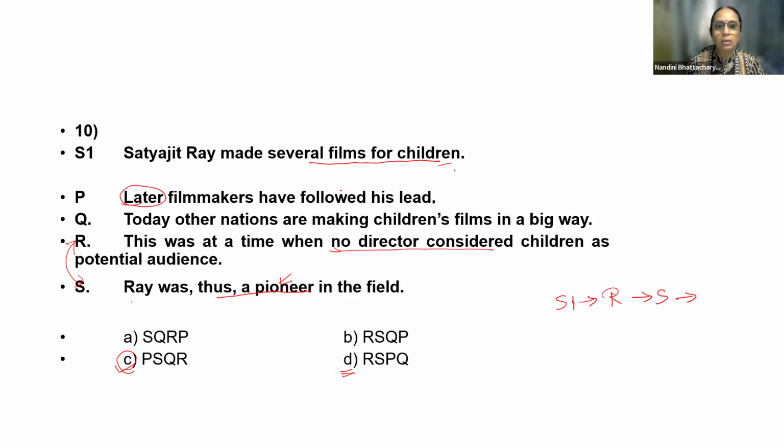Later, filmmakers followed his lead. That should be coming along with S. So S and P form a mandatory pair. What is left? Today, other nations are making children's films in a big way. That is a concluding statement. Yes, Q is a concluding statement. So yes, D is your answer. Got it?